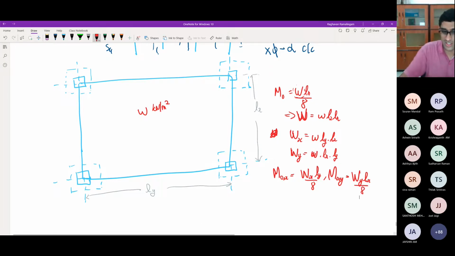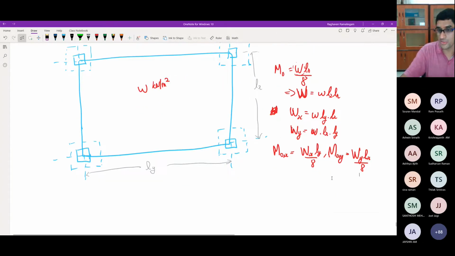That is what is mentioned in the code book. It is specifically stated; if you read through the formula you will understand what it means. Ln means length of span transverse to L1, and L1 is the length of span in the direction of M0.